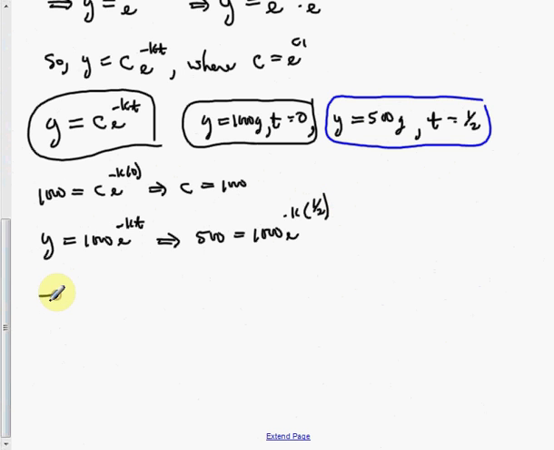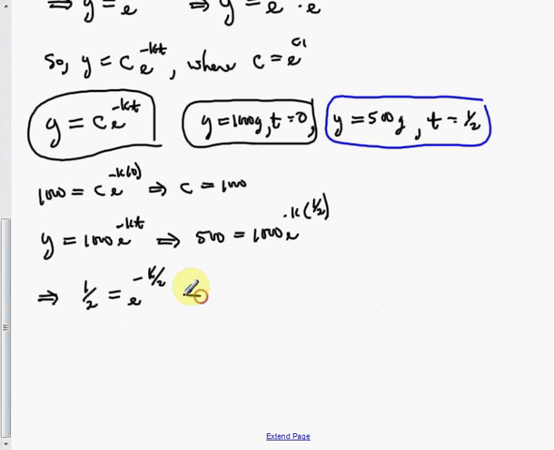If we work with that, 500 divided by 1,000 is 1/2, which is equal to e to the negative k over 2. We need to solve for k. If we have an equation with some type of exponential, like this base e, we just take the natural log of both sides.